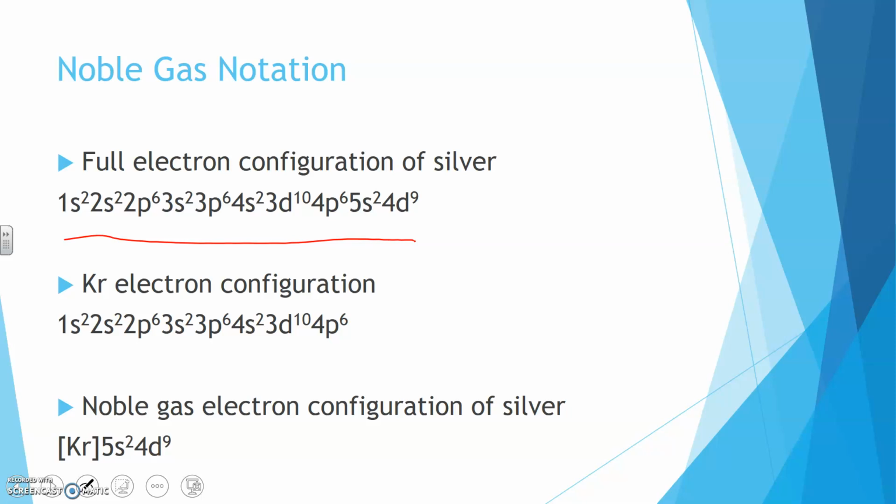You use the noble gas that is one row up from silver, which is krypton, and then you add in the one part that is not included in krypton. You'll notice the electron configuration for silver and for krypton both have 1s2, 2s2, 2p6, 3s2, 3p6, 4s2, 3d10, and 4p6.